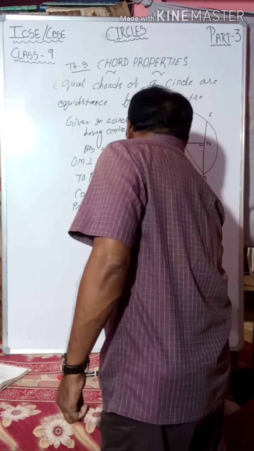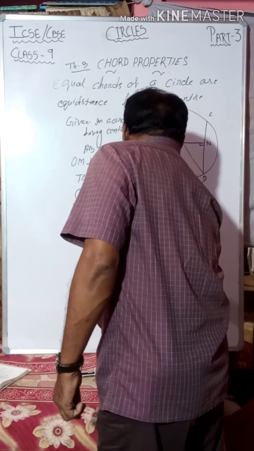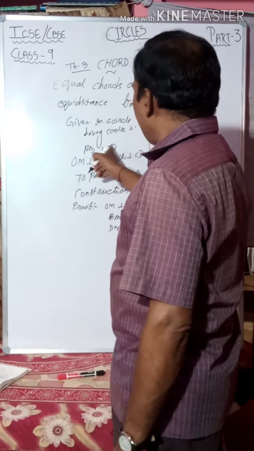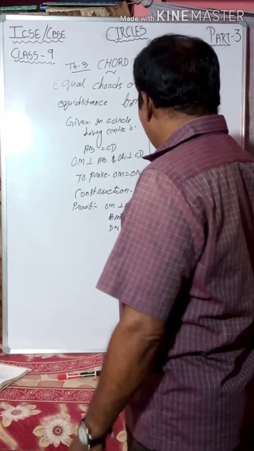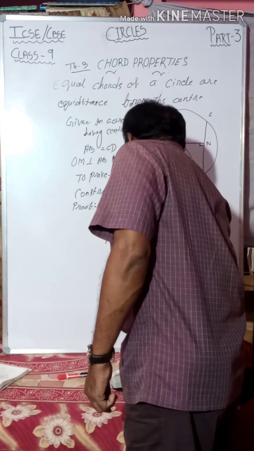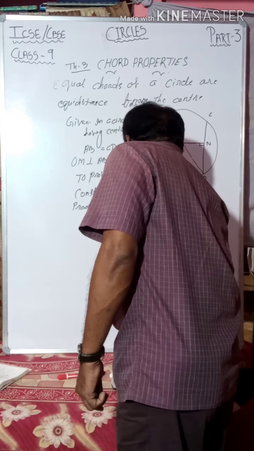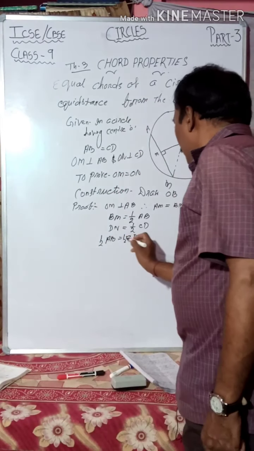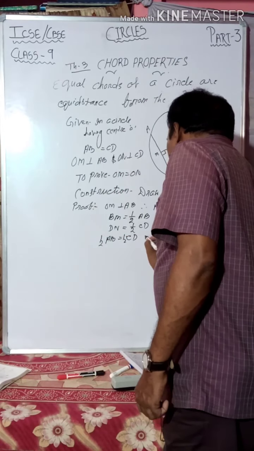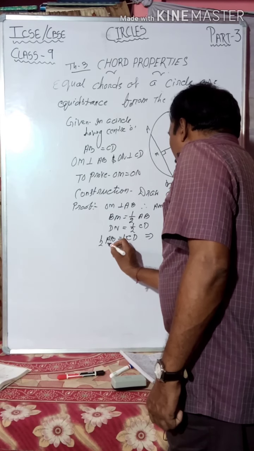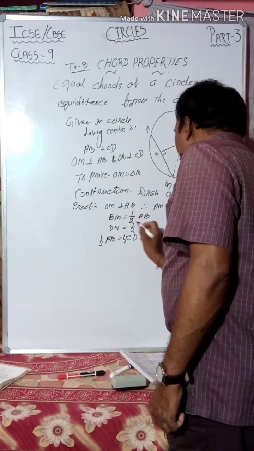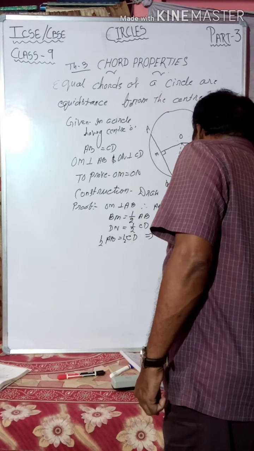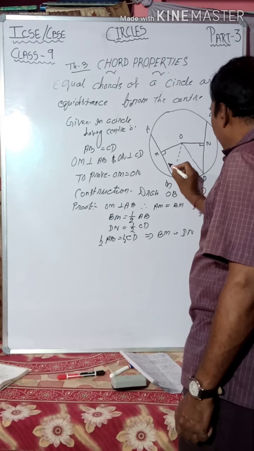Here AB is equal to CD, so half AB is equal to half CD. This implies that half AB, that is BM, is equal to half CD, that is DN. So BM is equal to DN.